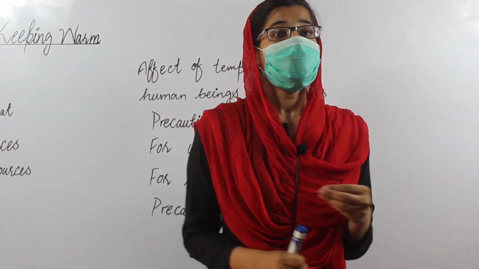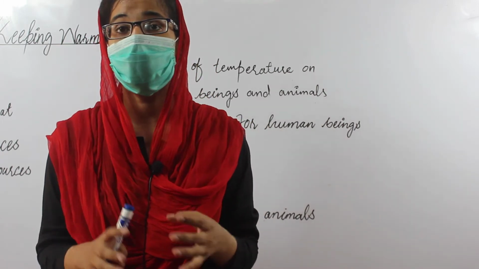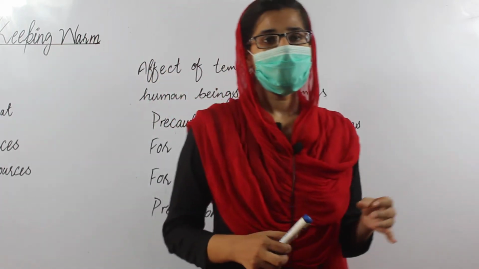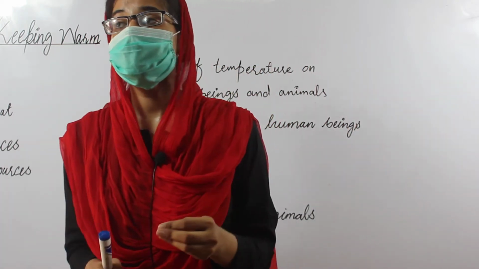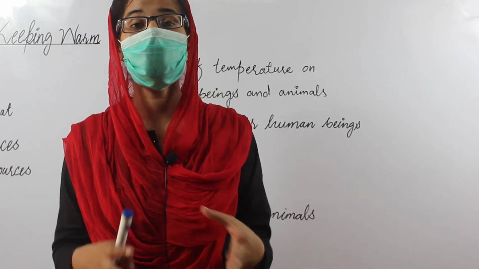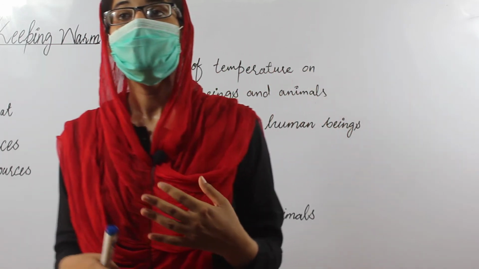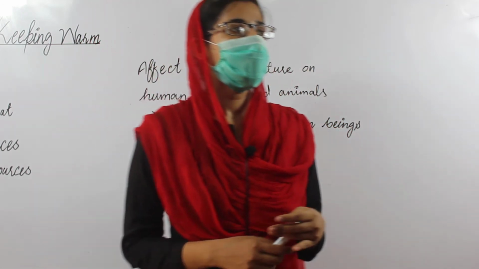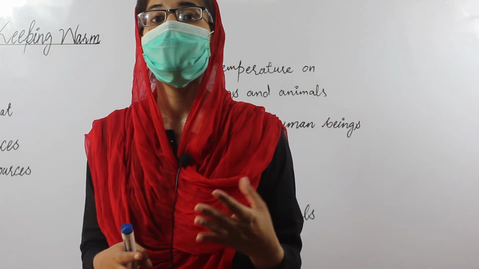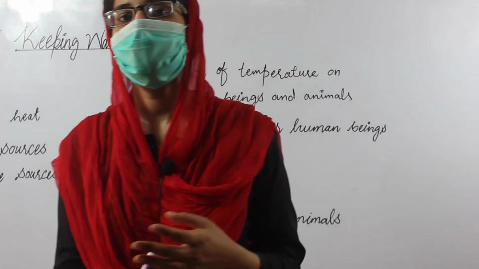Now, temperature affects human beings. Temperature affects how human beings and animals live and survive. If the temperature is too hot or too cold, it is very difficult for human beings and animals to survive. We have to prevent the situation in which temperature affects how human beings and animals live.